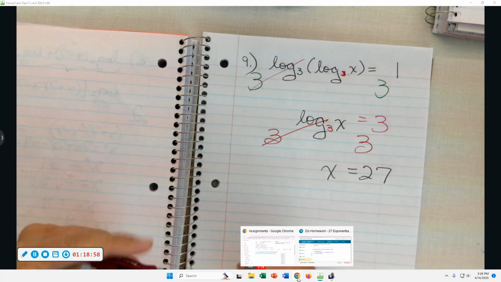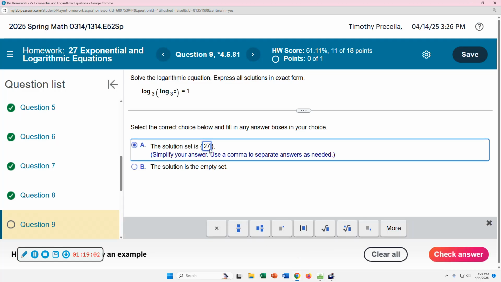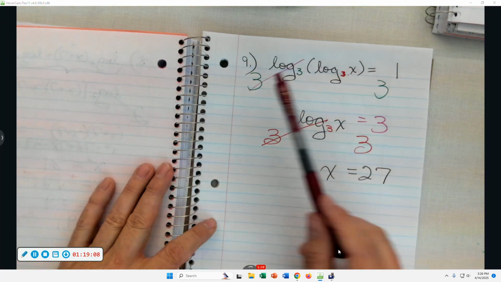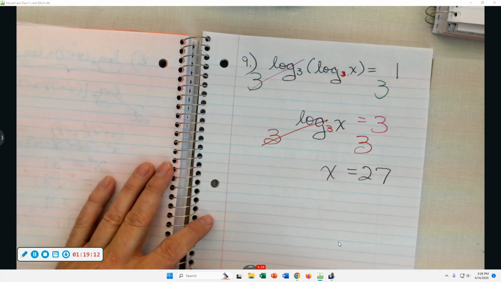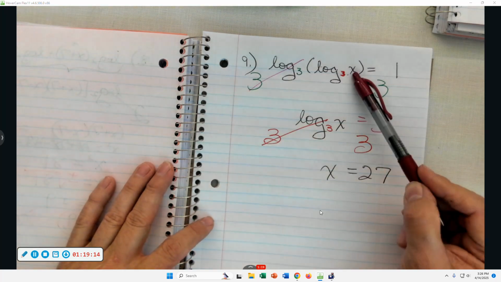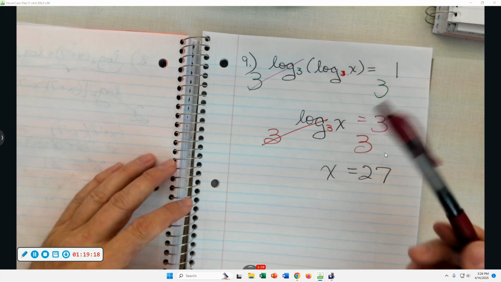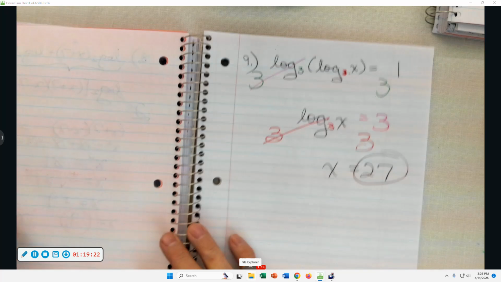We don't have log plus log or log minus log. I claim that is a single logarithmic term equals a number. Start getting rid of the log notation, working your way from outside to inside. And obviously, if you plug in 27 there, that x is going to be positive. So 27 is an acceptable solution.